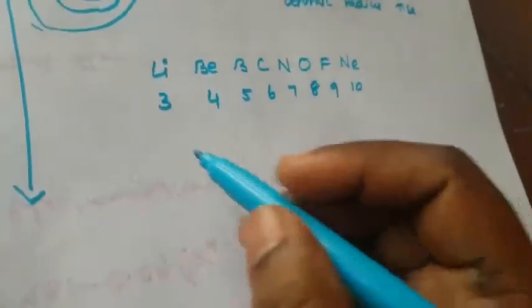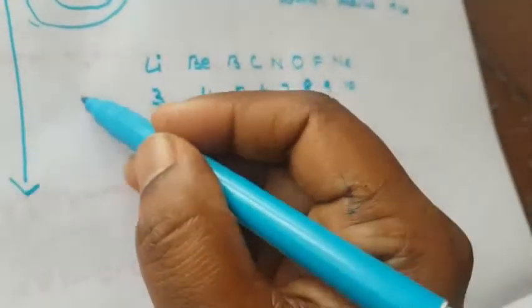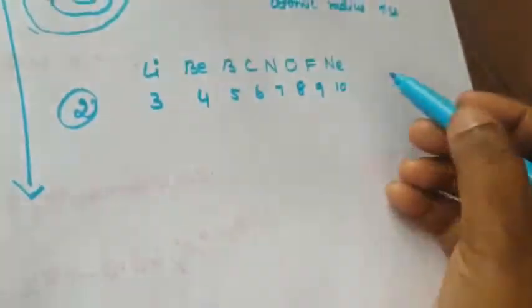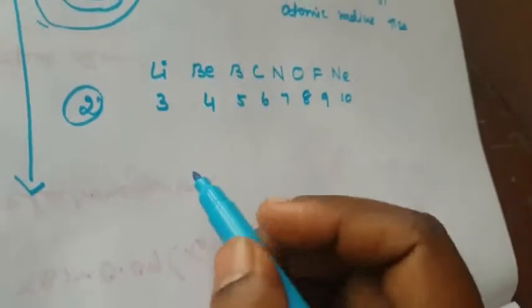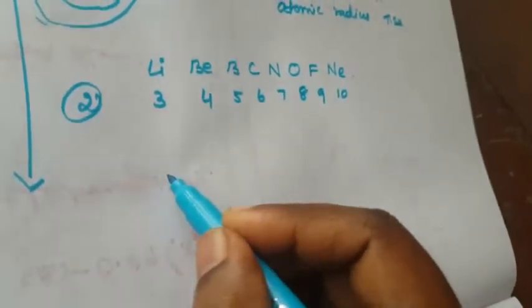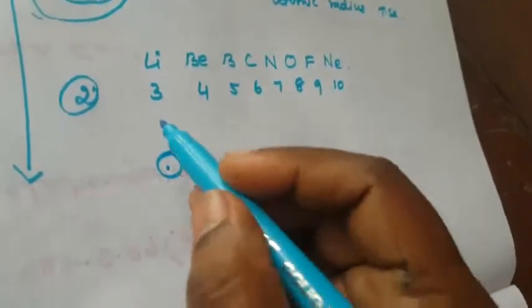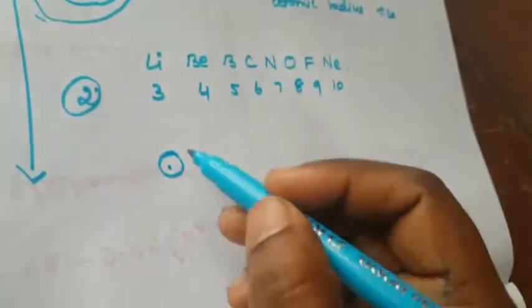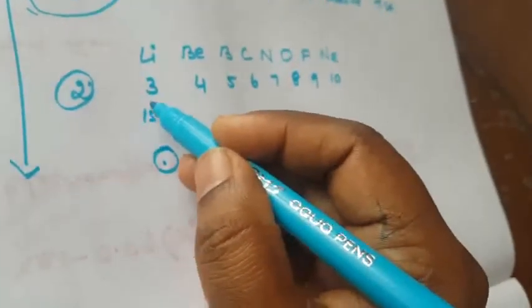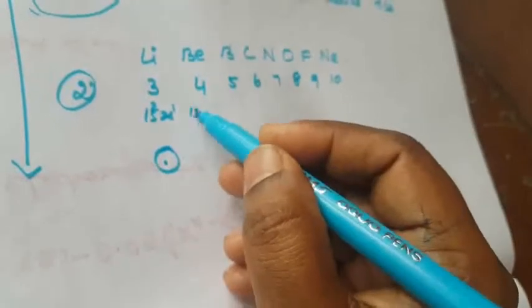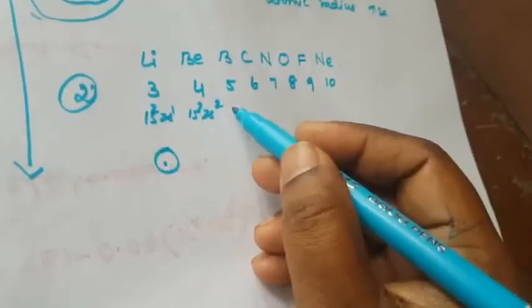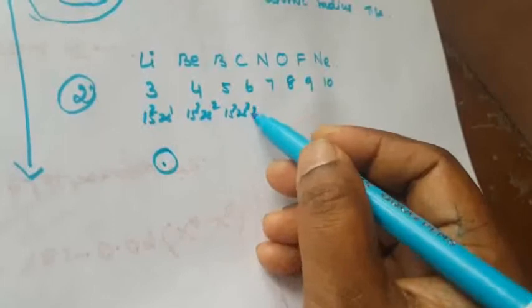Take the second period in the periodic table, lithium and so on. Here there are 3 electrons. How do we write it? 1s2 2s1. Then beryllium 1s2 2s2. Then boron 1s2 2s2 2p1.